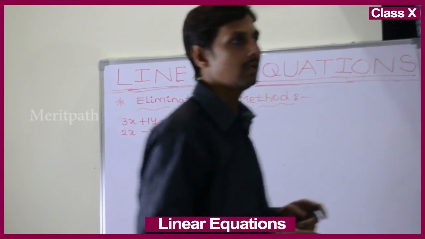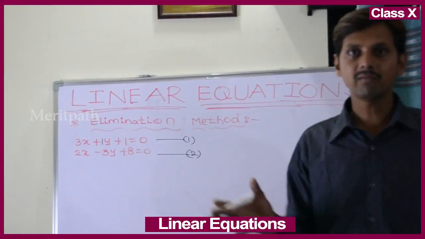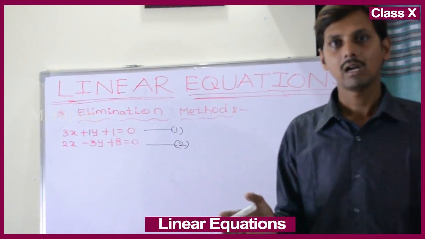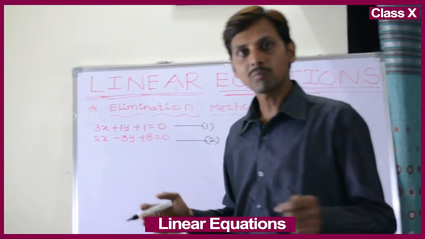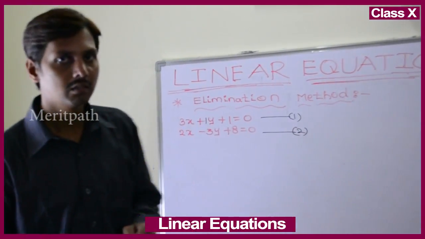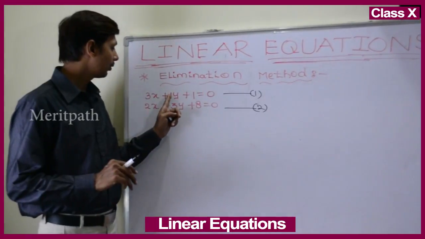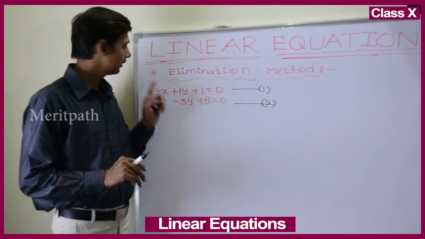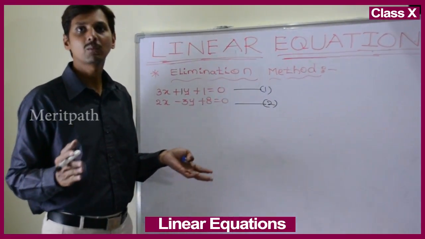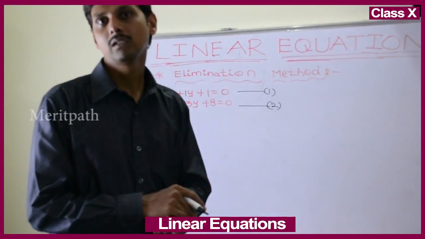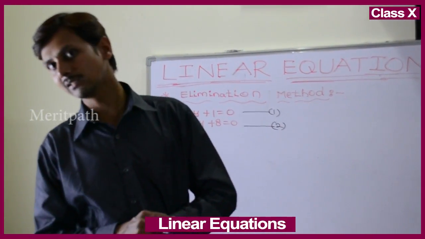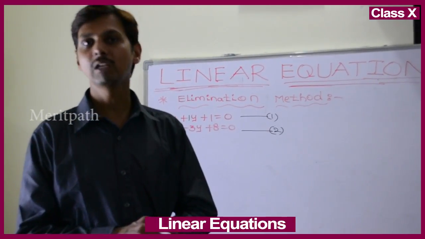If we observe here, the coefficient of x in the two equations is different. If the coefficients are different, it is not possible to solve the equations, because we will get 3 - 2 = 1, 1 - 3 = -2y. So after subtracting or adding these two equations, we will not get any solution.